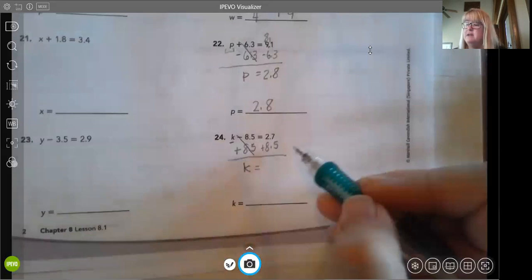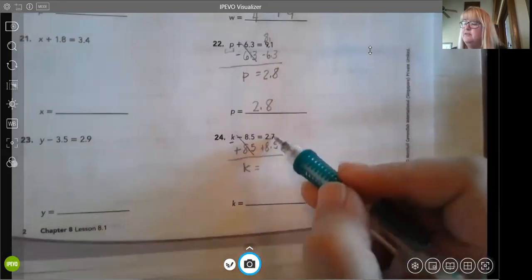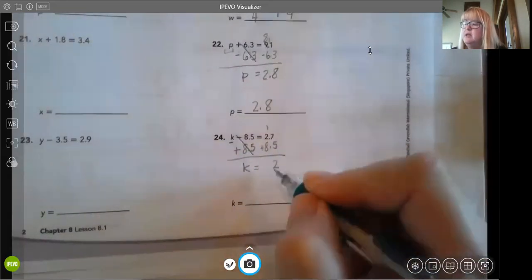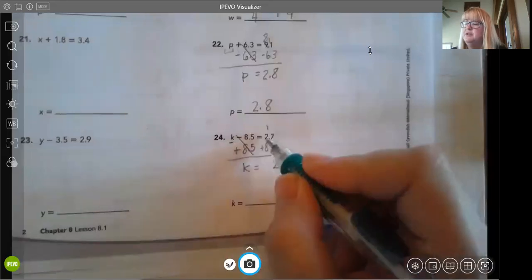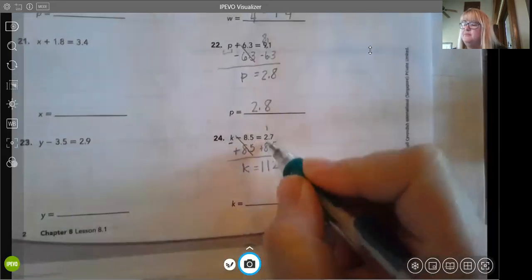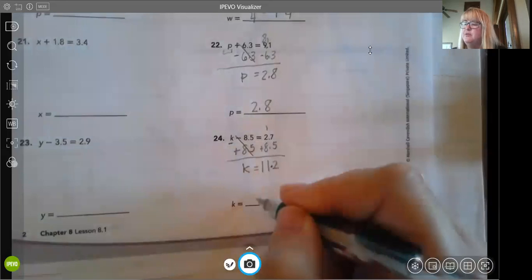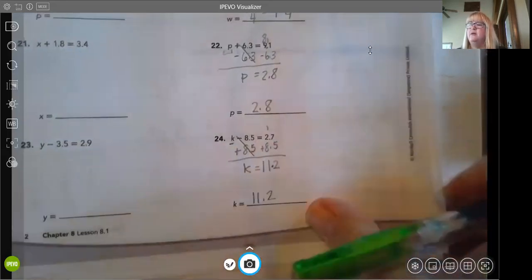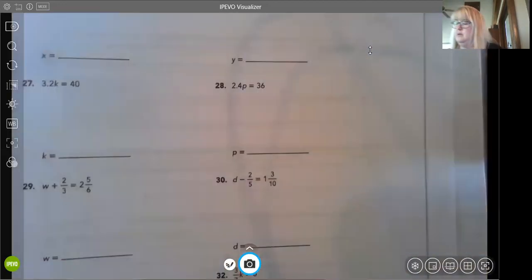And then 7 plus 5 is 12. Put a 2, carry the 1. 1 plus 2 is 3. 3 plus 8 is 11. And the decimal just goes straight down. So K is 11.2.